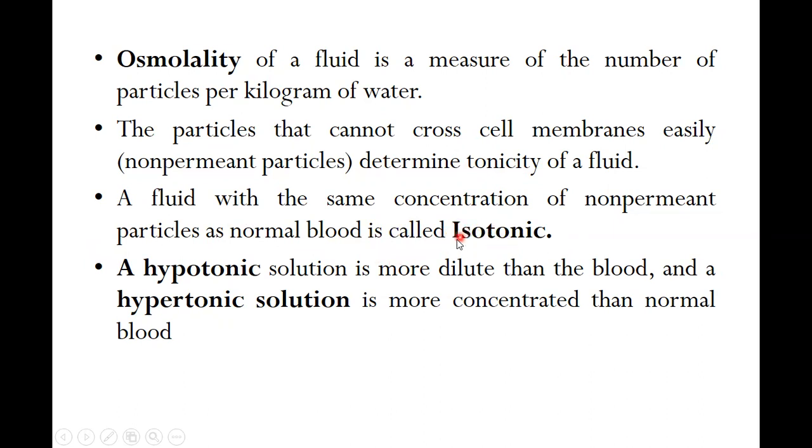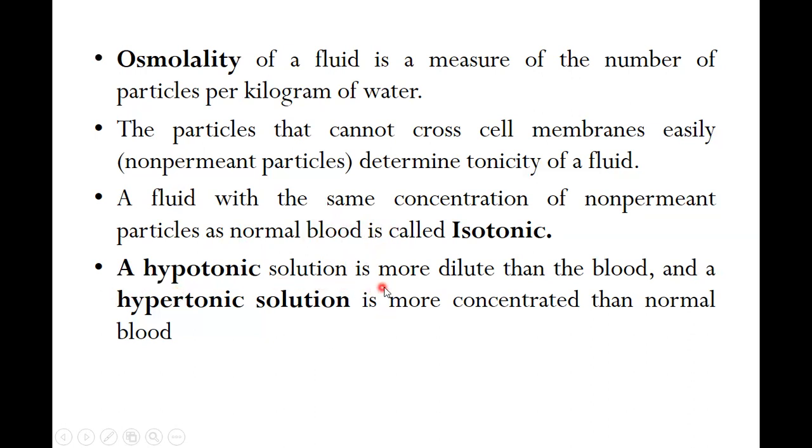This word isotonic is a compound word. Iso means same. Tonic from tone. So same tone. You're simply saying the same concentration as normal blood or as plasma. So if you have a fluid, for example, normal saline, and you say this is isotonic saline, what you're simply saying is that the concentration of the non-permeant particles in normal saline is the same as the concentration that you find in plasma.